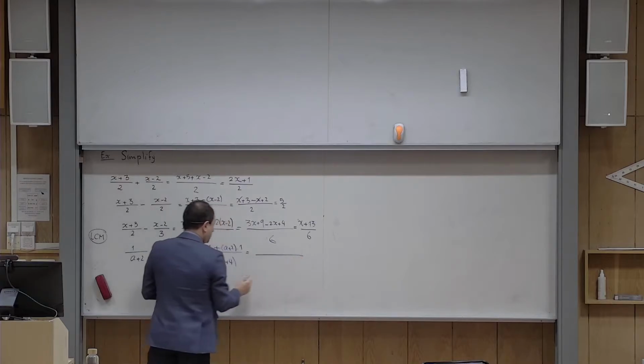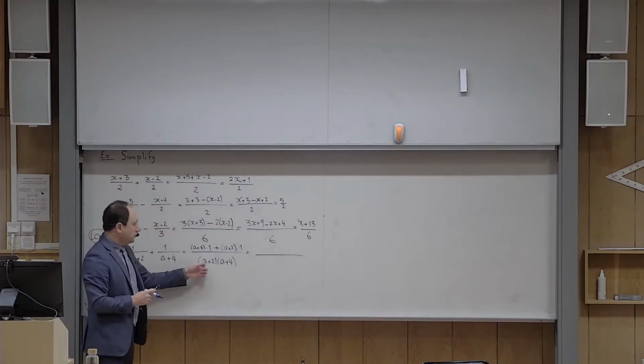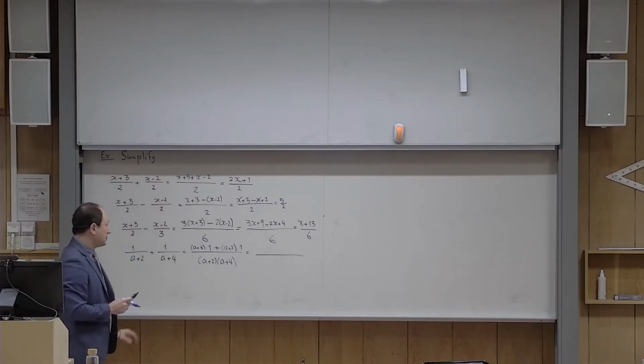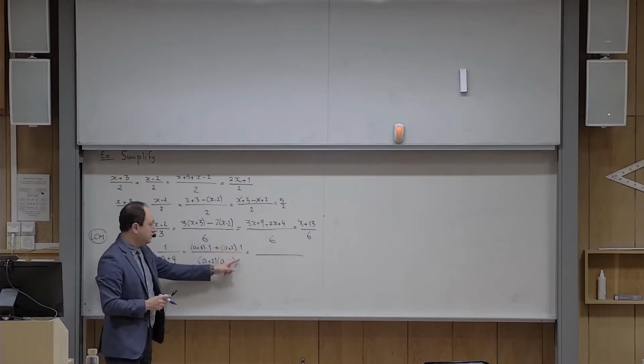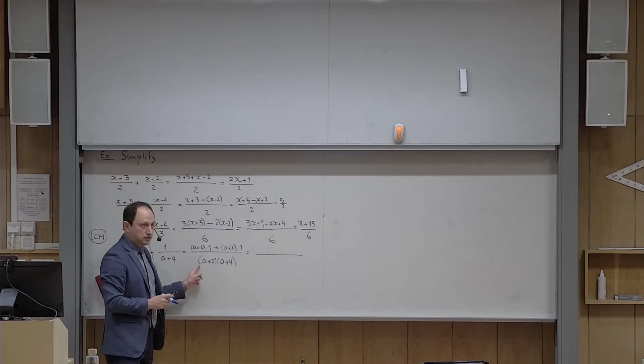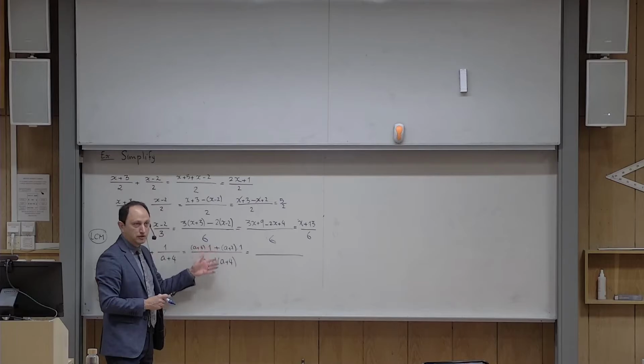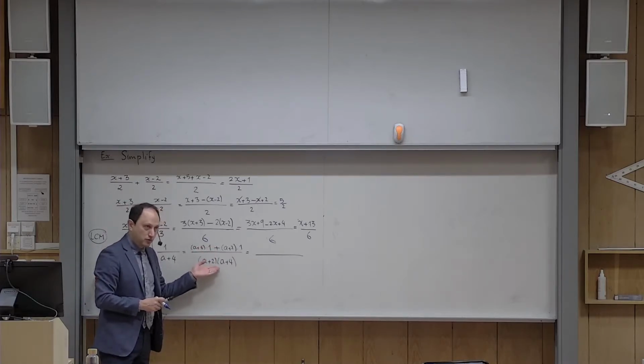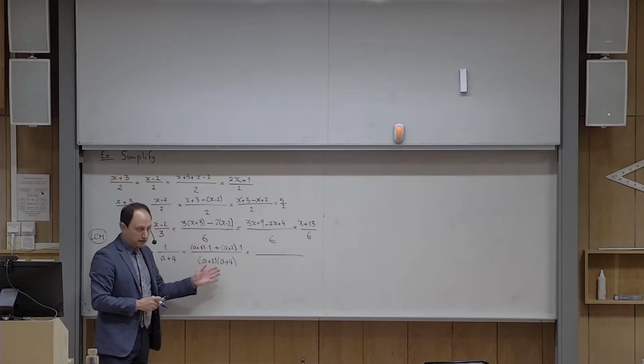But do you think I should also expand this? No, because this is one single rational expression now. Do you remember, if you want to simplify, your goal is to factorize the numerator and denominator. But the denominator is already in the factorized form, so do not multiply it, okay?